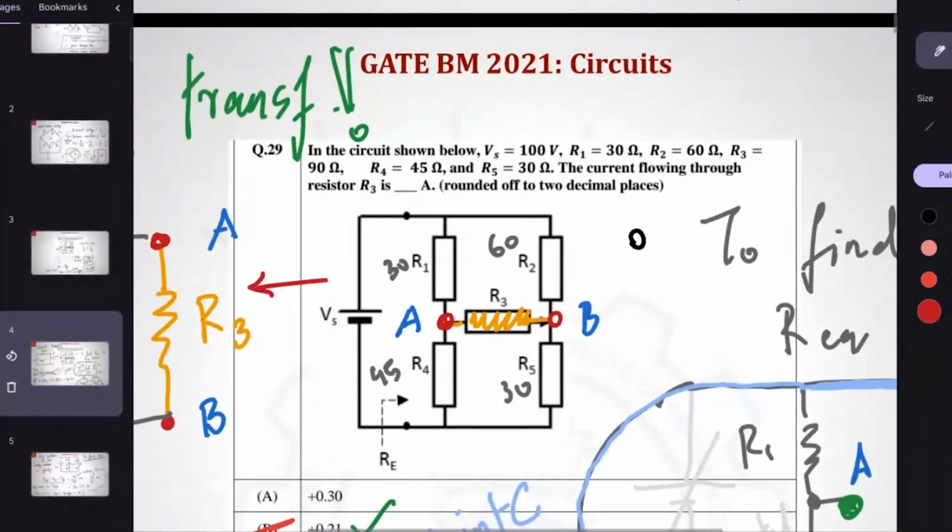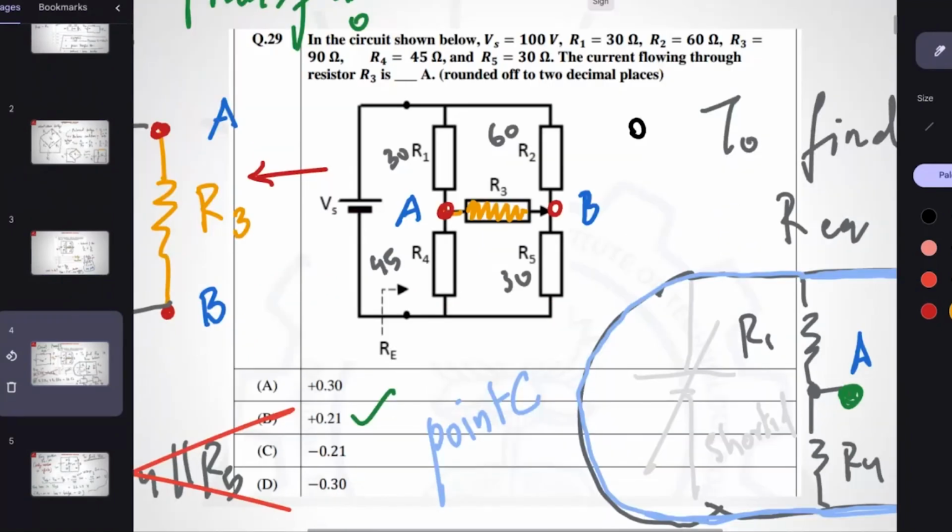They have shown a direction there. They have put an arrow from A to B, current is flowing. If they had given a different direction, the answer is different. Be careful about the arrow, because we know VA is higher than VB, or the Thevenin voltage is positive. Be careful about that detail also.